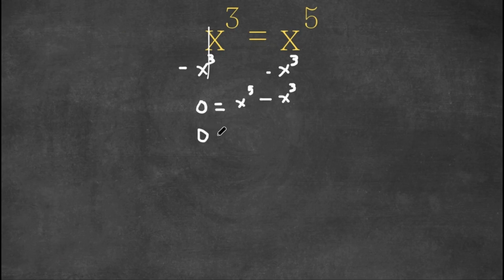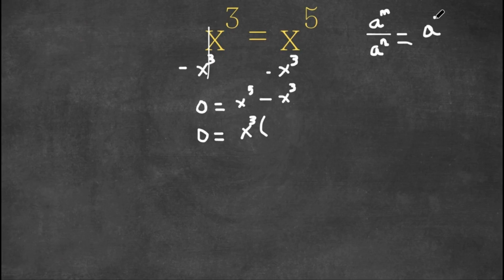So we have 0 equals x to the power of 3 times, well, what's x to the power of 5 divided by x to the power of 3? An important property of exponents is that a to the power of m over a to the power of n is equal to a to the power of m minus n.